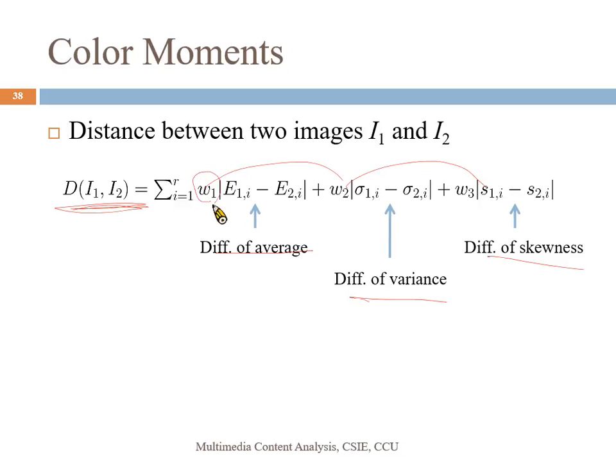According to the importance of average, variance, and skewness, we may impose different weights to combine the three types of difference. Usually, the average value is the most important, and the variance is the second most important.